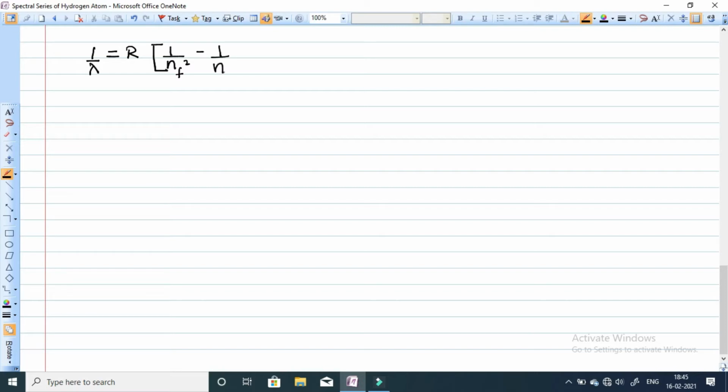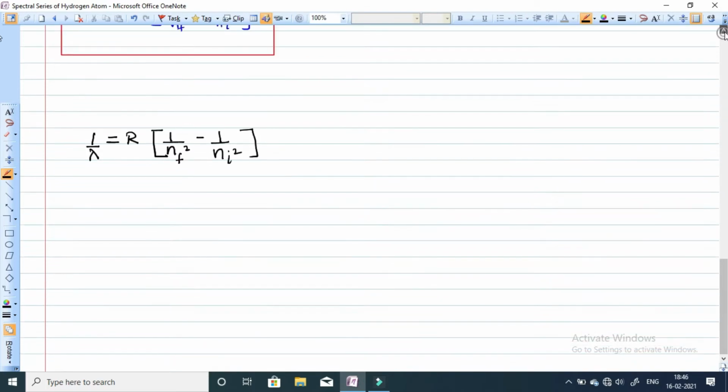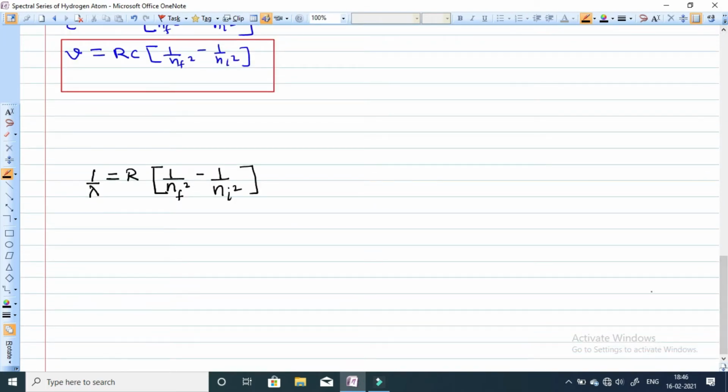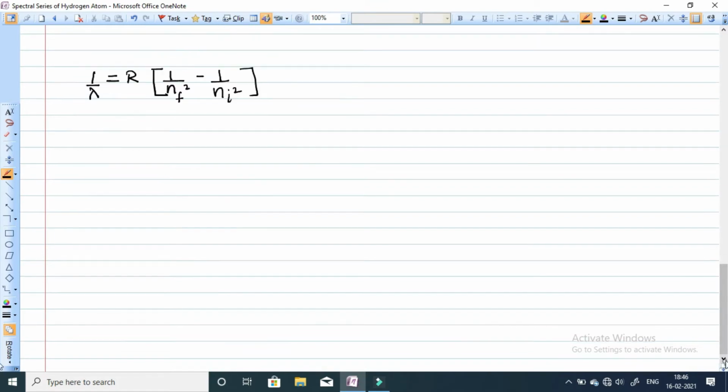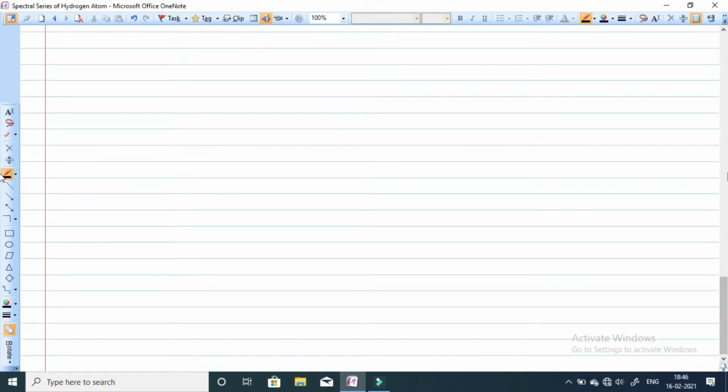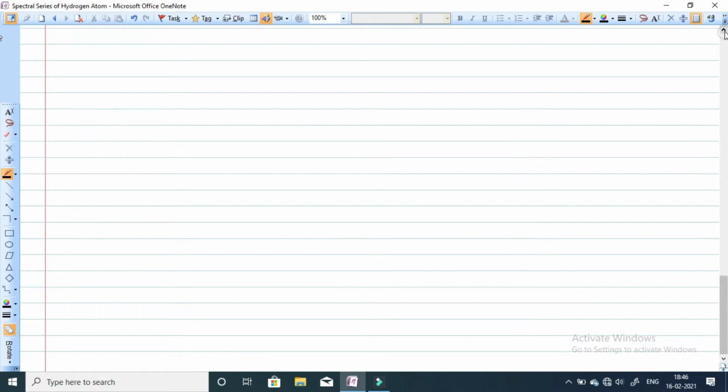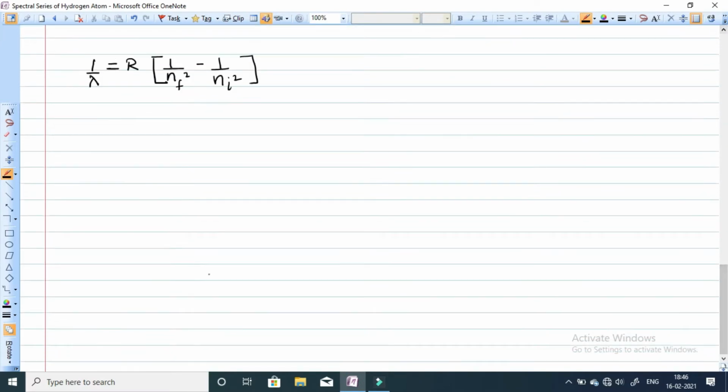Let me again check this formula. You can see it there: 1 upon n final square minus 1 upon n initial square. This formula is known as the Rydberg formula. Now we will see the different cases.